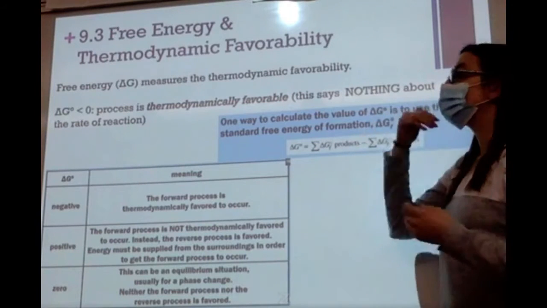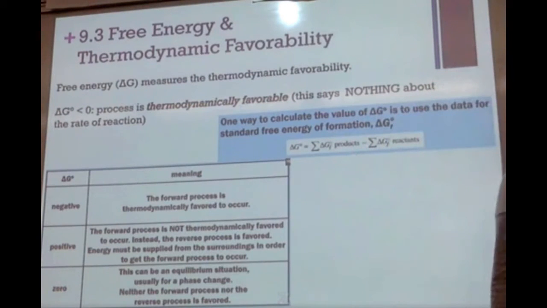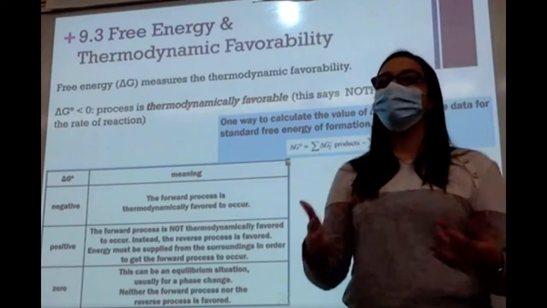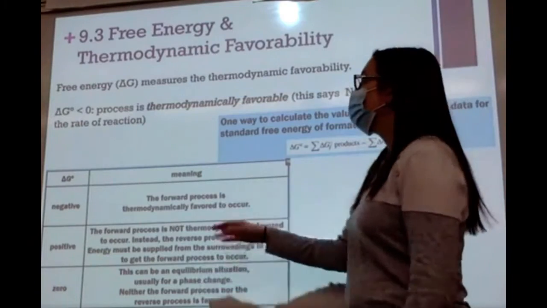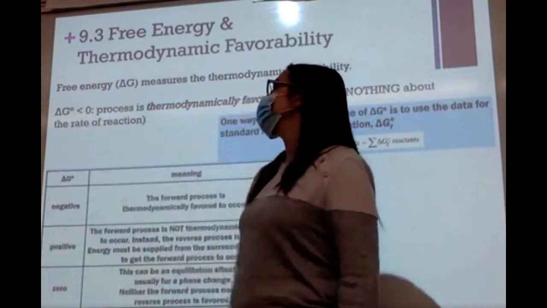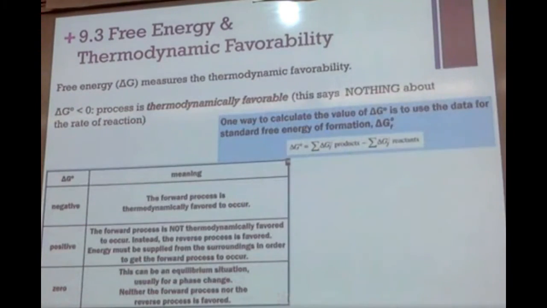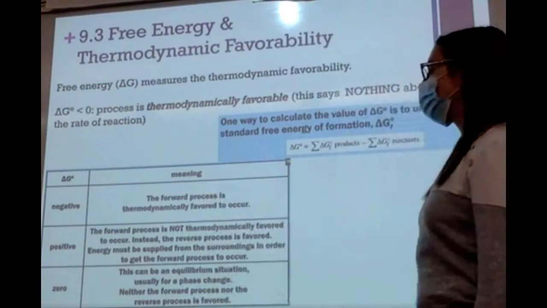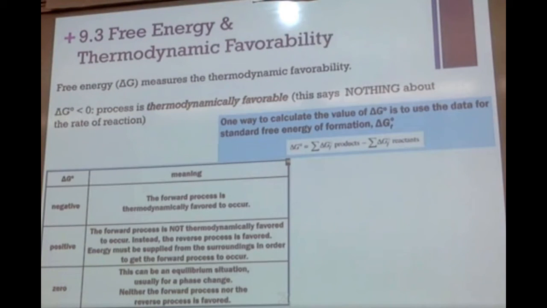Thermodynamically favorable means the reaction happens on its own, but it might not be fast. Right? Rust happens on its own, but rust takes a really long time. A process is thermodynamically favorable when delta G is less than 0. So when delta G is negative, the reaction is thermodynamically favored.